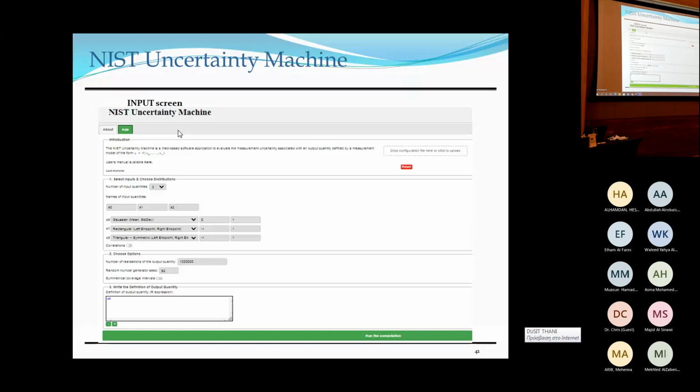Yeah. What about the type A? Yeah, this is a weighing, so it's a Gaussian. And you have a standard deviation, which is 0.005. Again, it's considered to be unbiased. Yeah. The standard deviation.